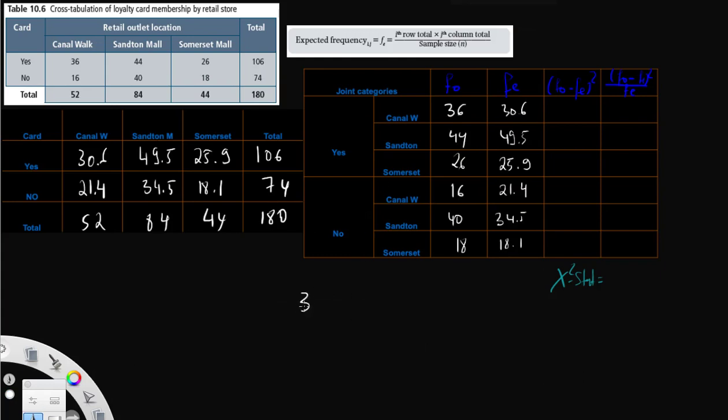Just as an example, for the first one, I take 36 minus this, and then I square the answer, and I have 29.16. Then I take this 29.16 and divide it by 30.6, which gives me 0.953. Now let's pause the video, and I want you to do the remaining ones and give me the grand total with 3 decimal places.